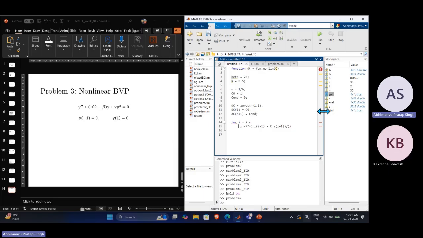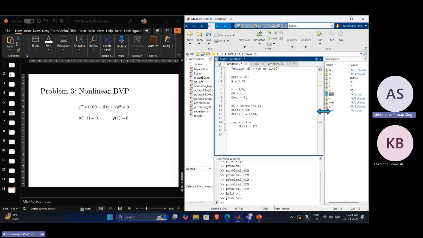For each DCi, we have equations. K multiplied by. So we want that entire term to be zero, right? So let me just write this.